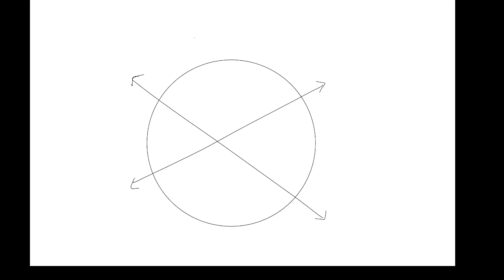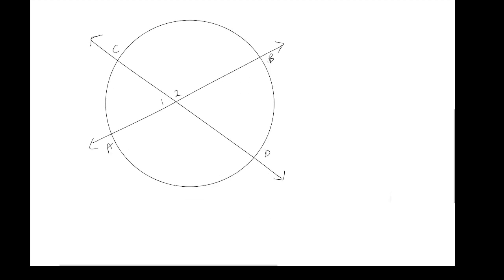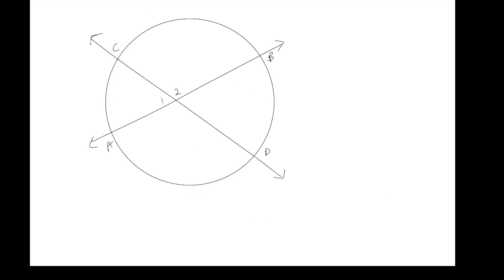So let's go ahead and label these points here. I have line AB, and then I have line CD. And we're going to do a real quick shorthand proof to give us a couple of angles here. So we have angles 1 and 2, okay? And figuring out how we're going to decipher what our angle measurements are going to be here, because there's a few things that we should be able to see right away, right?